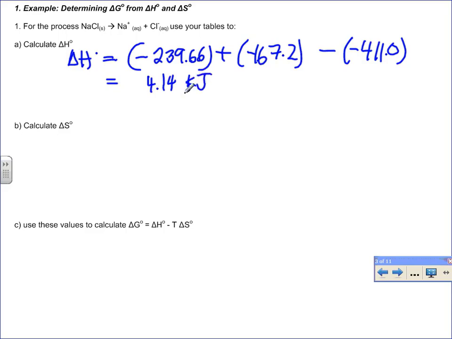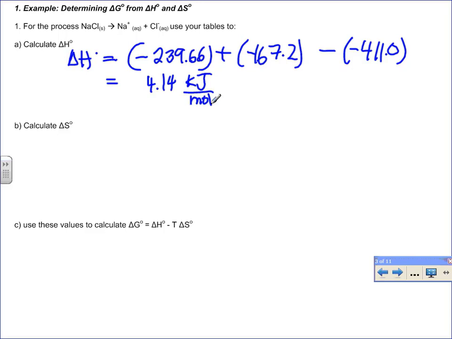So we're using that formula, the sum of the heats of formation of the products minus the sum of the heats of formation of the reactants. This is a very common way to calculate delta H. We learned 4 different ways to calculate delta H. Calorimetry and using heats of formation are the most common ways that you'll be expected to calculate the delta H.